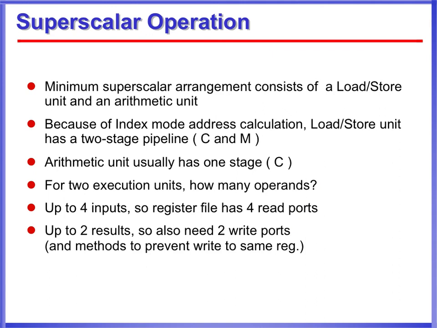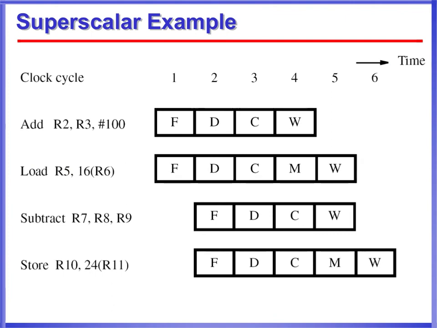So, for instance, if we've got an add, load, subtract, store, okay? These are 4 instructions that are going to be coming out of the queue into our superscalar. This is an add instruction, so there is no memory step required. We're not writing or reading memory, okay?